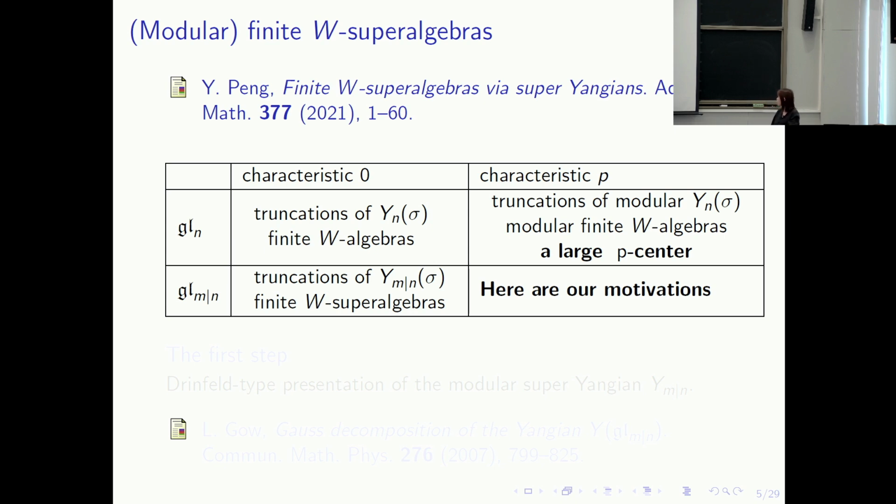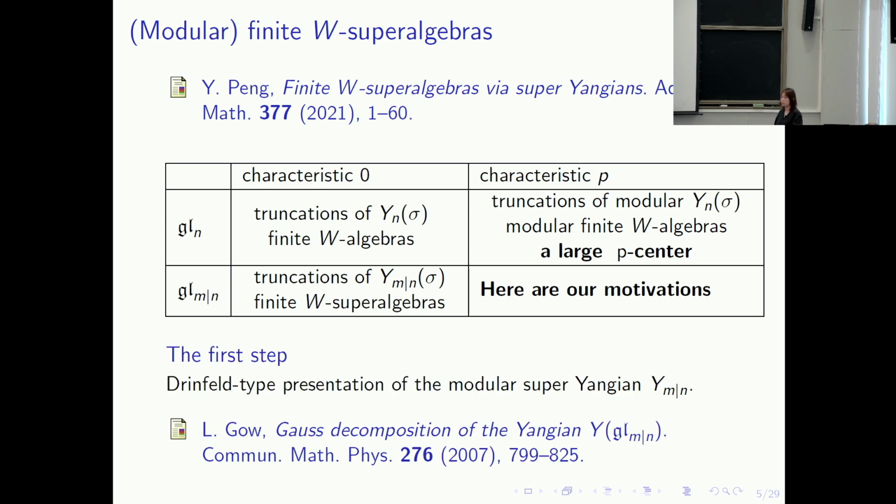Our first step is to extend the Drinfeld-type presentation of the super Yangian in Gow's work to positive characteristic, that is, to give a Drinfeld-type presentation of the modular super Yangians.